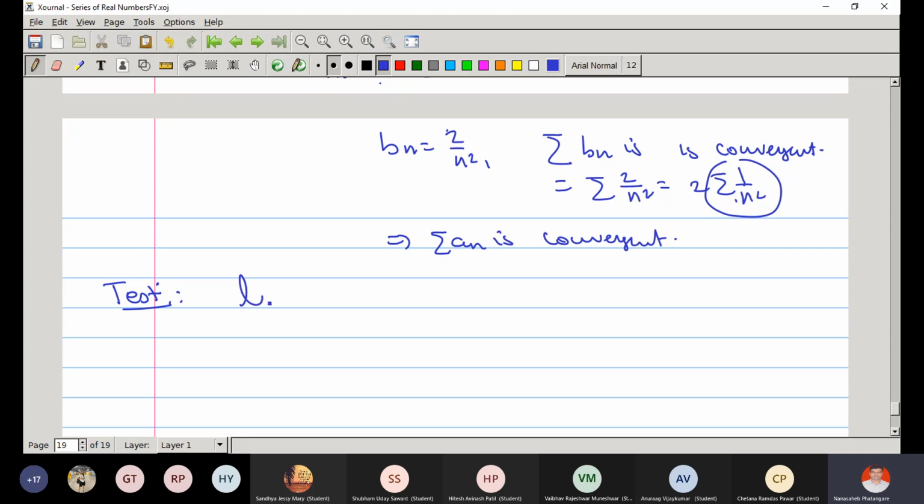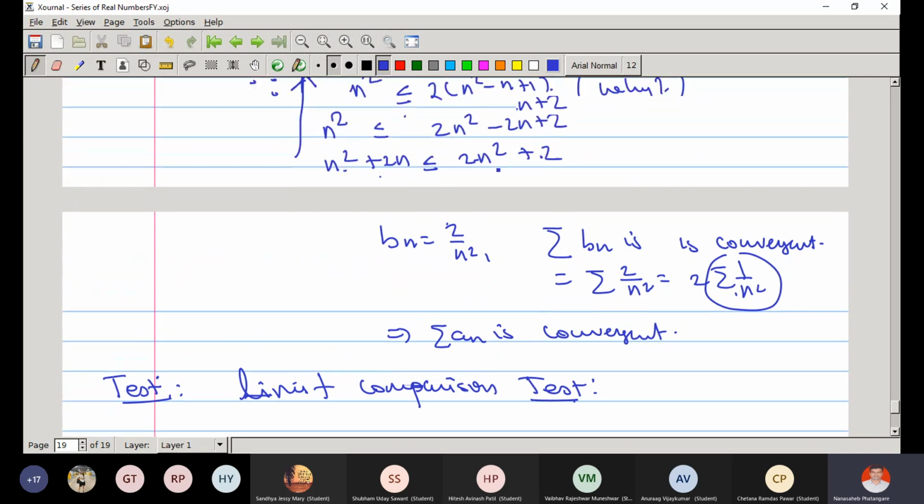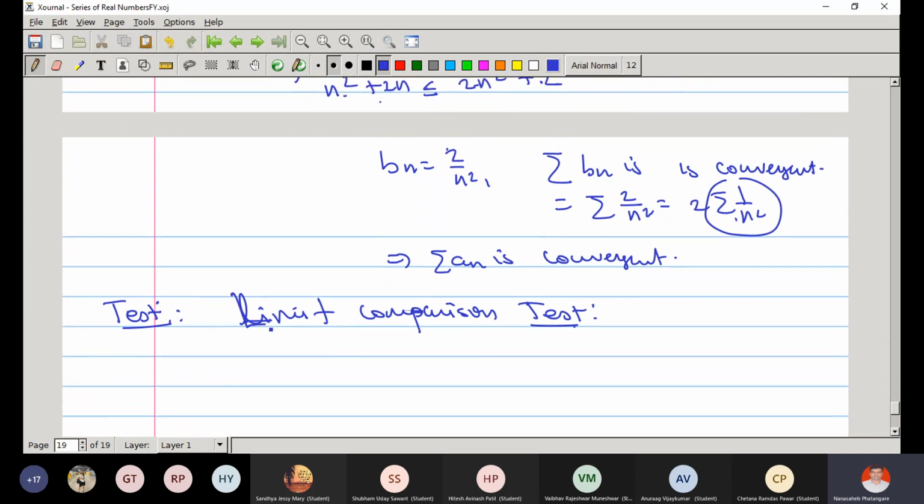This test is the limit comparison test. This test makes life easy because we can easily understand it. We don't need tricks like this if we use this test. So what does this test say? Suppose an and bn are sequences of positive numbers.